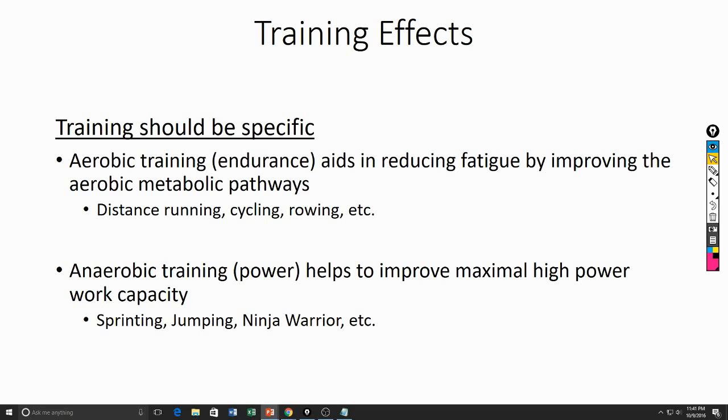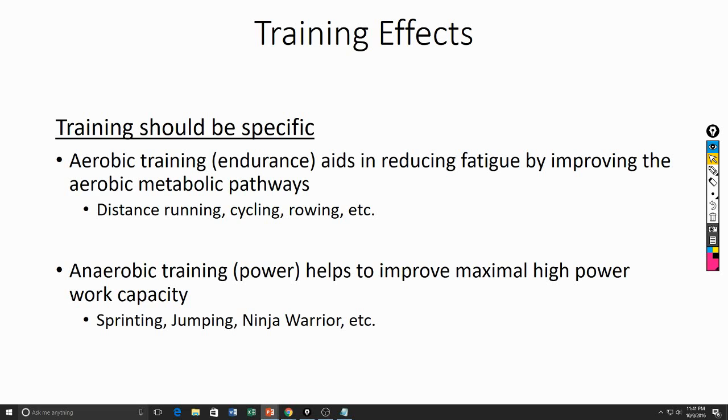And that fatigue has to be specific to the energy system you're trying to use for that event. Okay? So, if I'm trying to be a better runner, a distance runner, if I want to do a 10K really well, let's say, which isn't really long distance, but it's long enough. Okay? If I want to do a 10K, I need to be stressing my glycolytic system, and I need to be stressing my aerobic system.